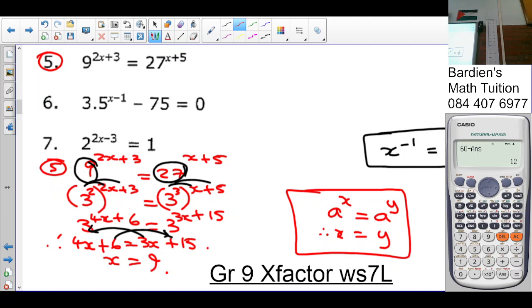Let's look at number 7. In number 7 we've got 2 to the 2x minus 3 is equal to 1.